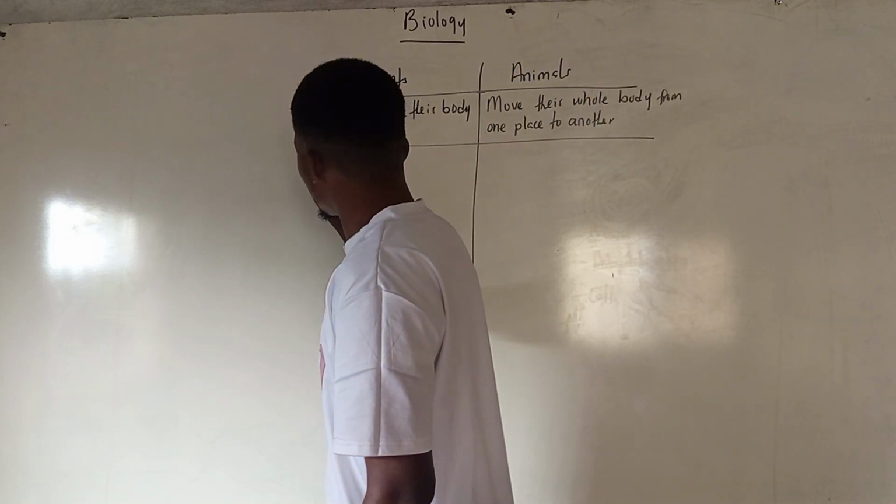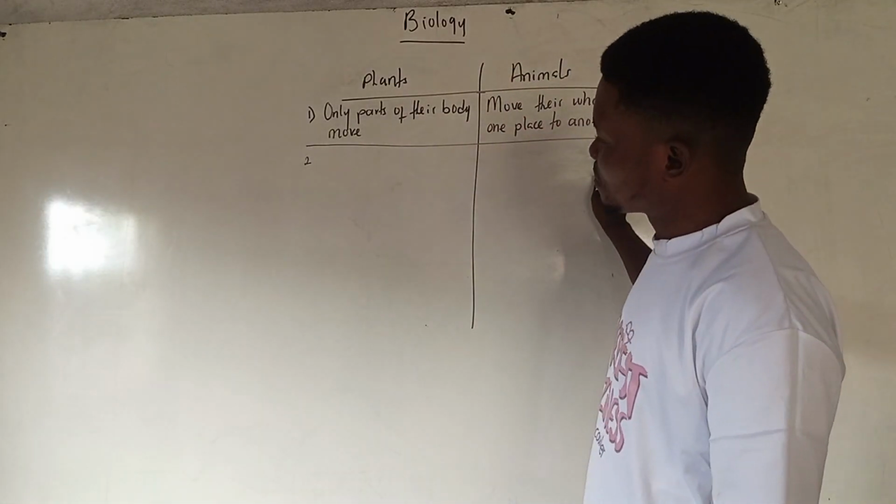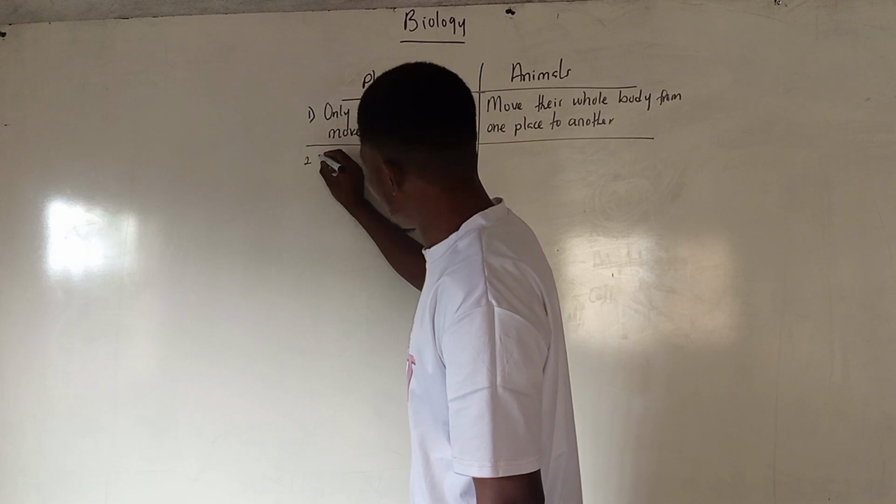And number two difference between plants and animals is that plants can manufacture their food.